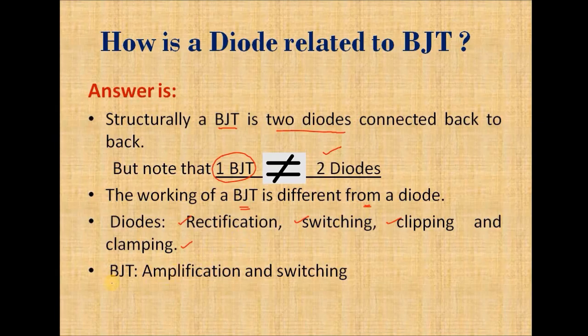It is the BJT that has the capability of amplifying a particular input signal. It could either be current amplification, voltage amplification, or a combination called power amplification. So I hope now students are clear with respect to a diode and a BJT, and they can very well relate both of them qualitatively.